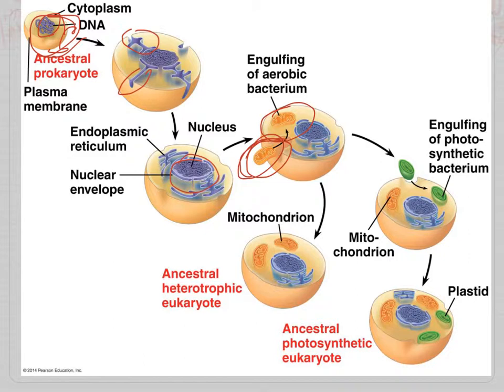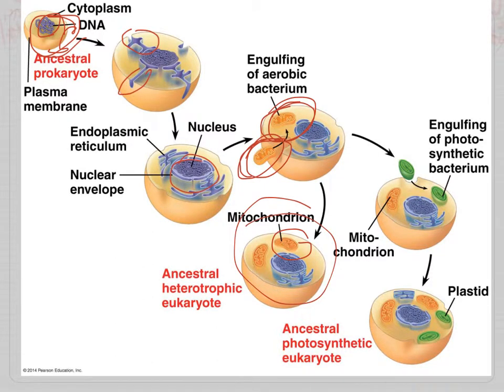Endo meaning inside, symbiosis is a joining together to work in either harmony or discord, but joining together to work. So we have the mitochondria inside of the cell. Actually, it was just a bacteria. It became the mitochondria.